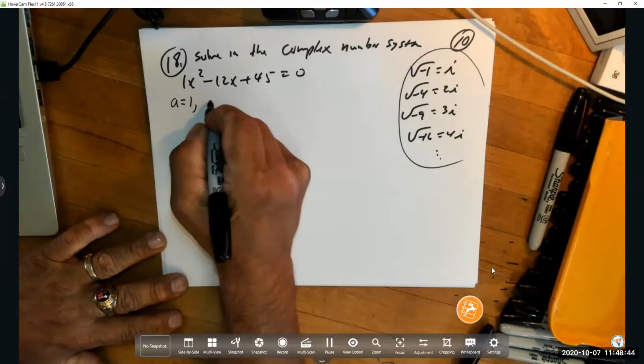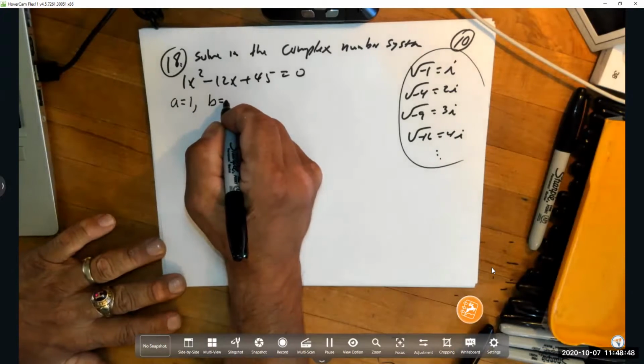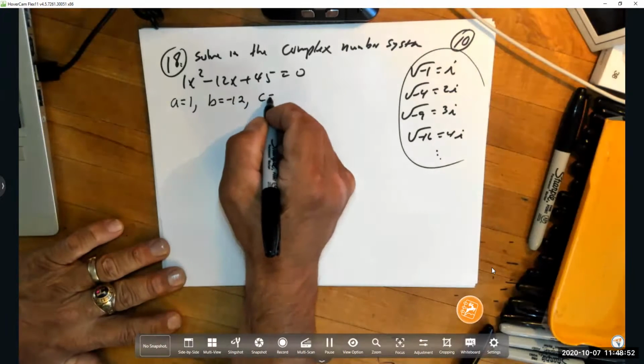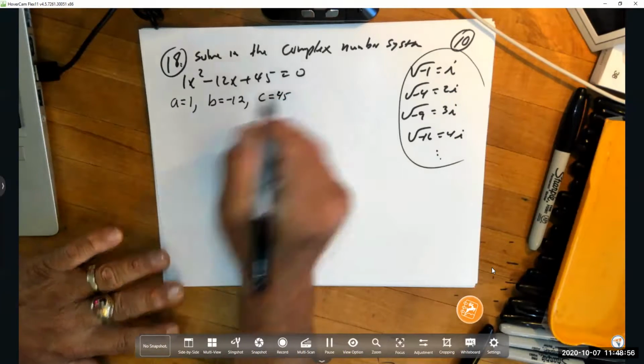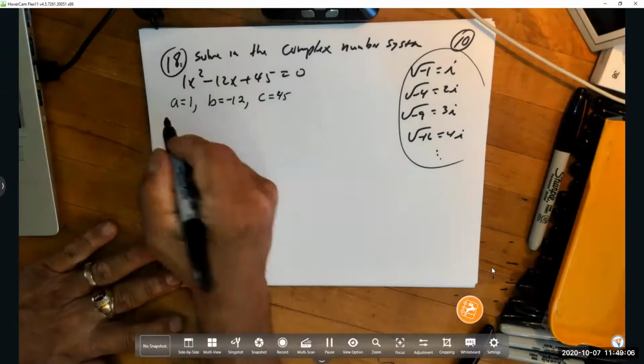Okay, B, think about B. What do you think B is? Negative 12. And C, what do you think C is? 45. There's A, there's B, there's C. Everybody okay with ABC? All right. So now I'm going to put them in the formula.